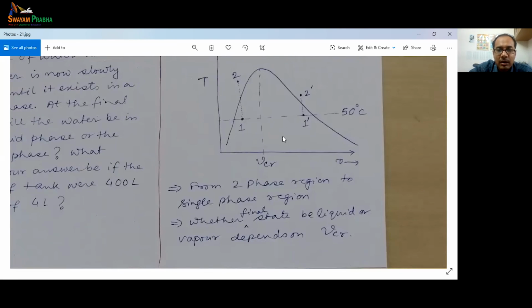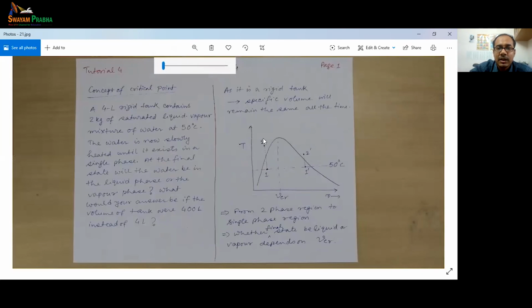So from the two-phase region to the single-phase region, whether the final state will be liquid or vapor depends on the critical volume, which is the VCR. So first we have to find out what the VCR is.